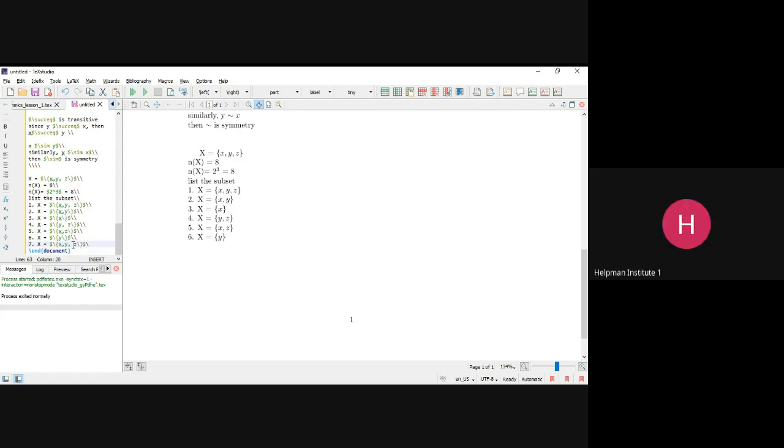So that will be the seventh set. And what will be the eighth set we're going to have? An empty set. Thank you very much. So the empty set will be the eighth set.